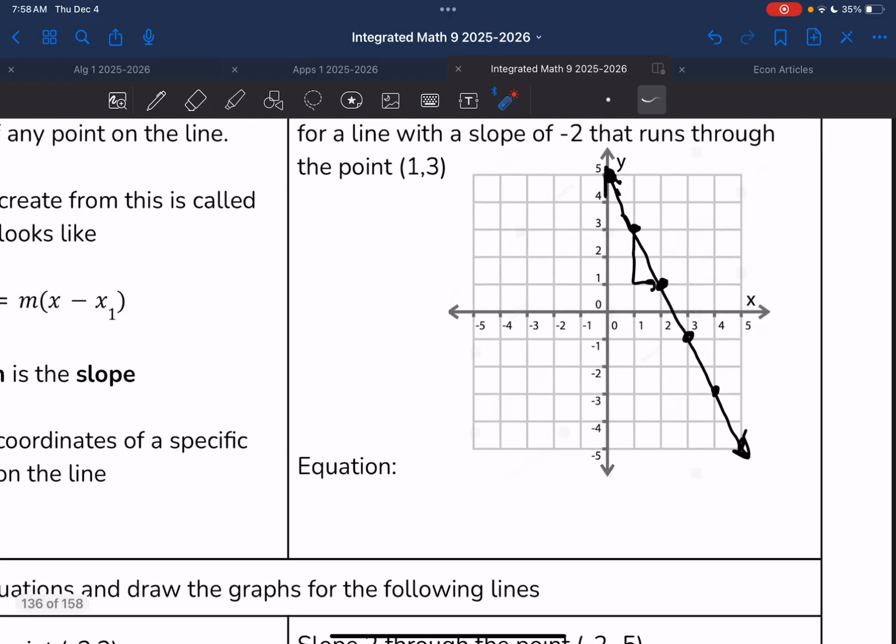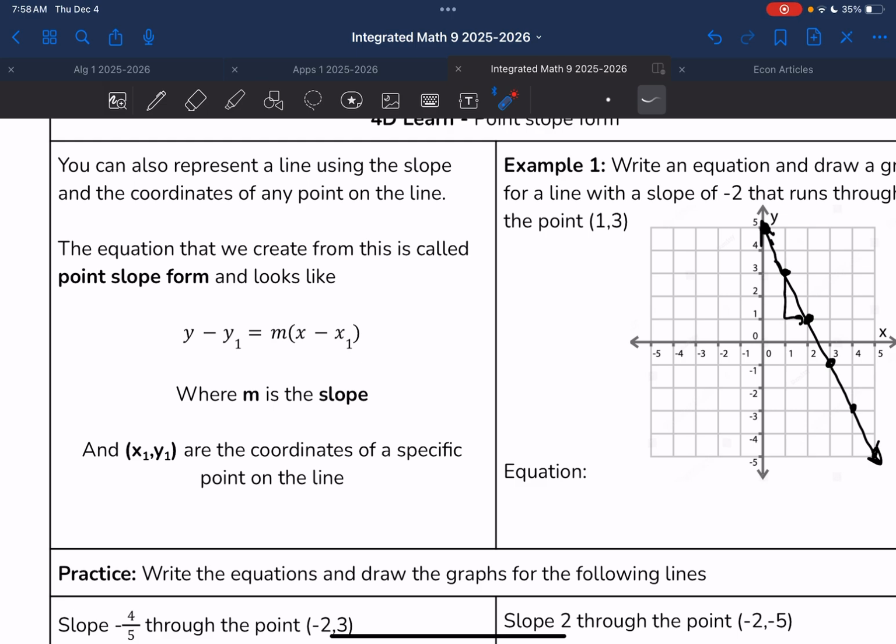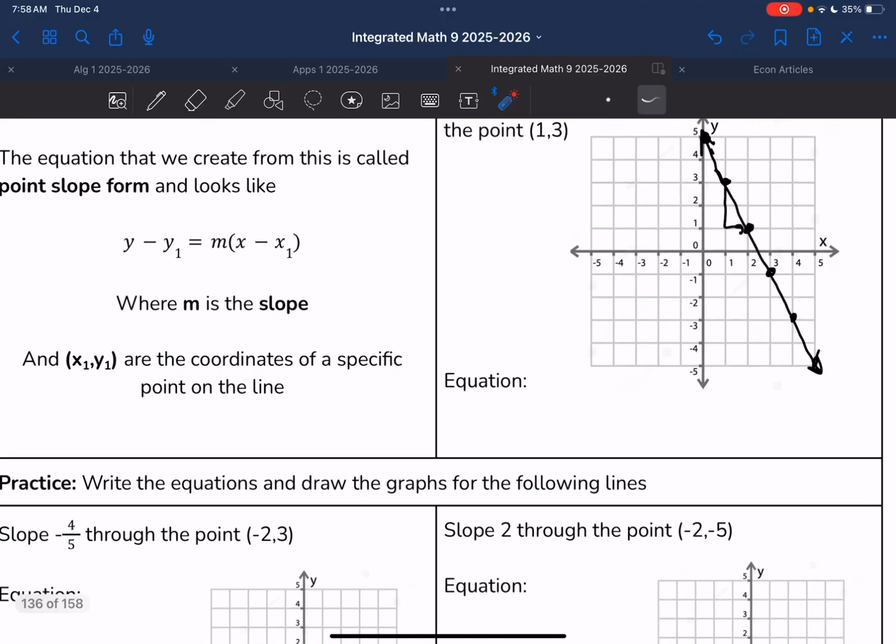And if we want to write an equation for this, well, we're just going to use our point-slope formula and plug in the specific values of the point. So we know it goes through some point, x1, y1, where the coordinates show up there, and then the slope is the same slope from slope-intercept form.